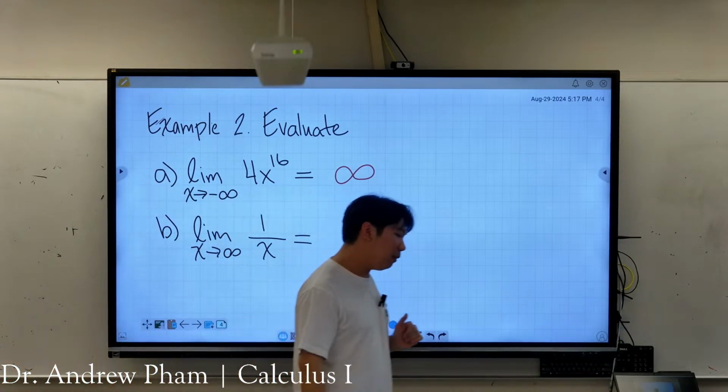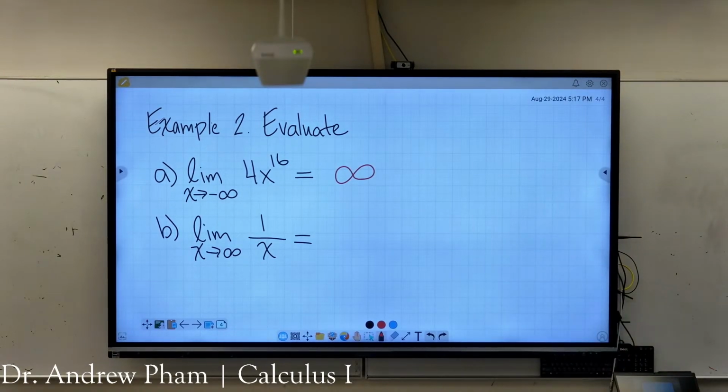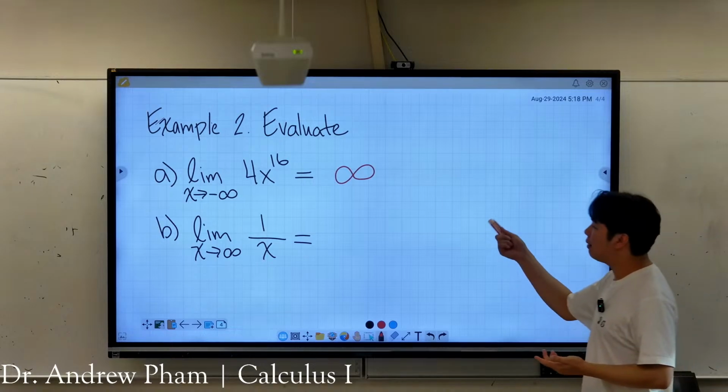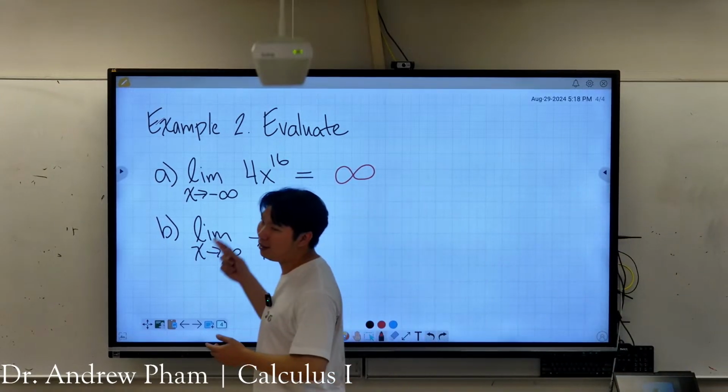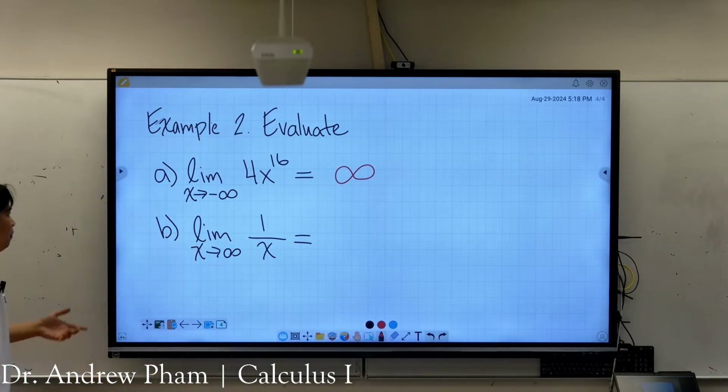So again, as I plug in larger negative values, 4x to the 16 is getting larger as well. In particular, larger in the positive direction. And if you wanted to, you could graph this 4x to the 16th. You would see on the left is going up. So for A, I would say that, yeah, we're going to get infinity here.